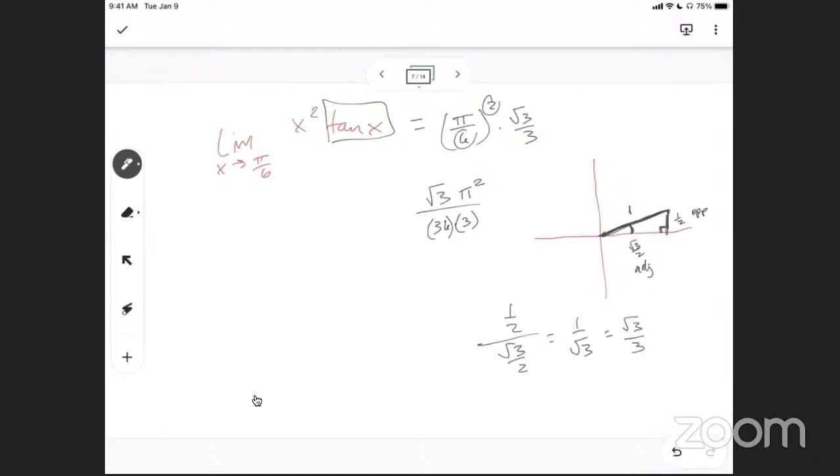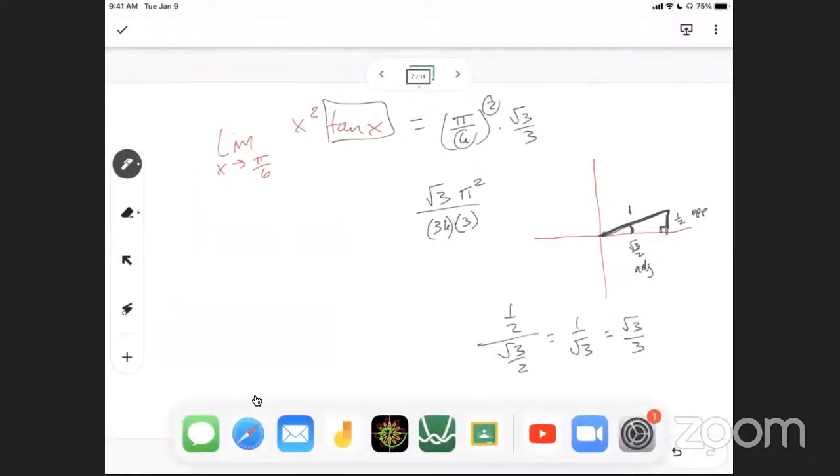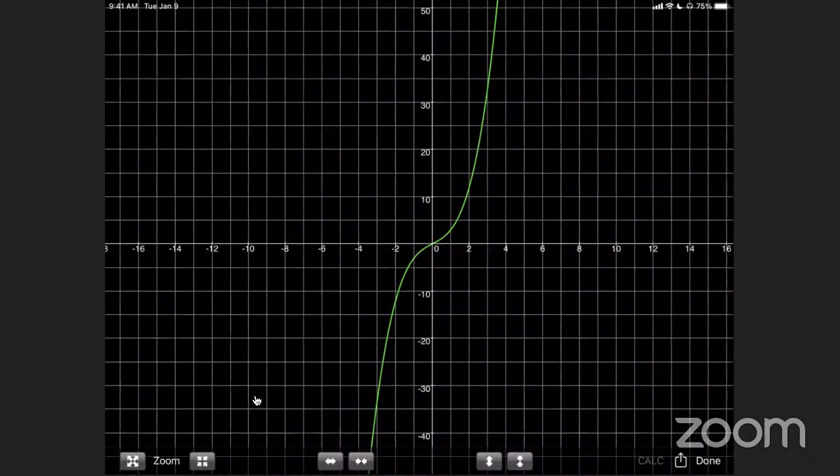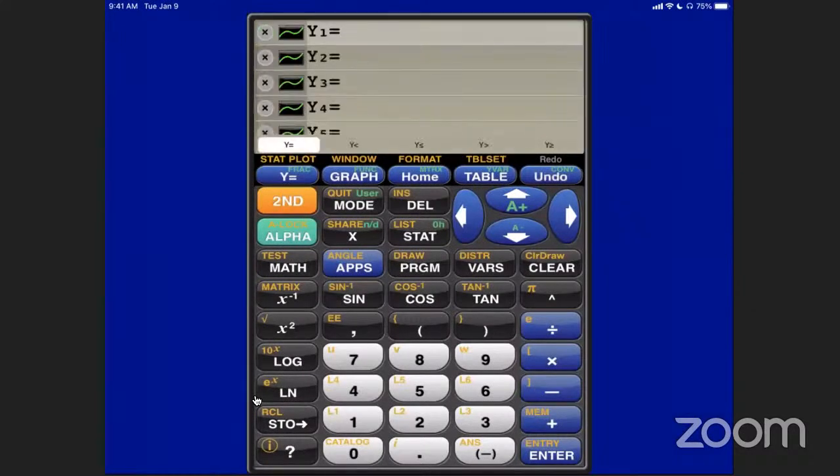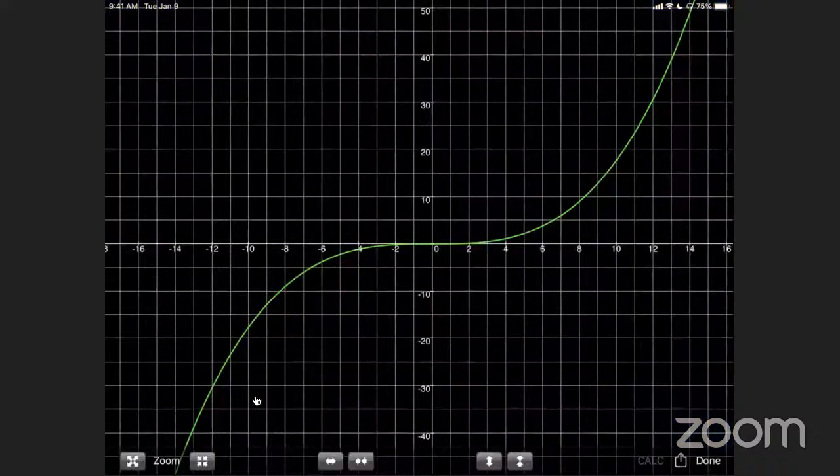And again, you can check that by looking at x squared tan x, going back to that graph concept. If you graph that, there's that graph, and this pi over 6, if you want to punch that into your calculator.